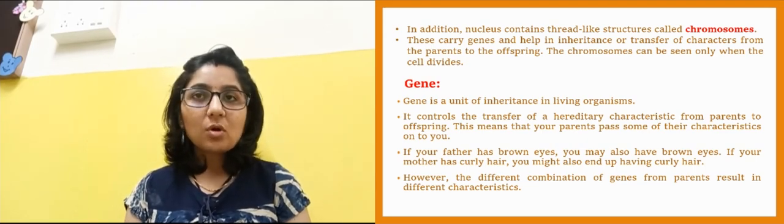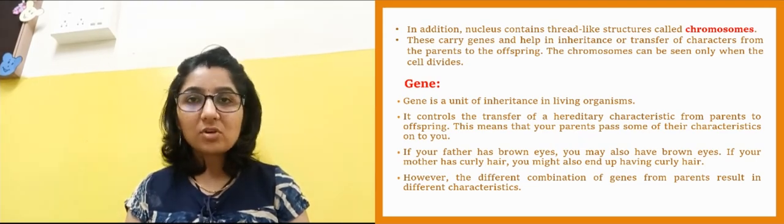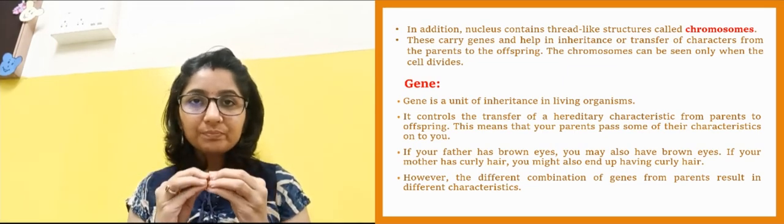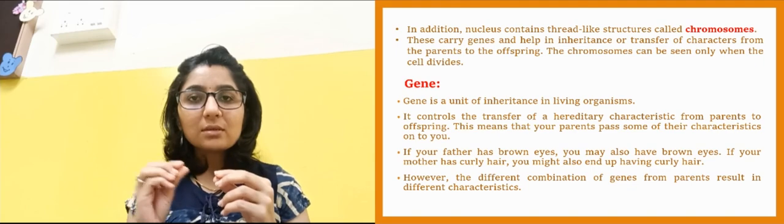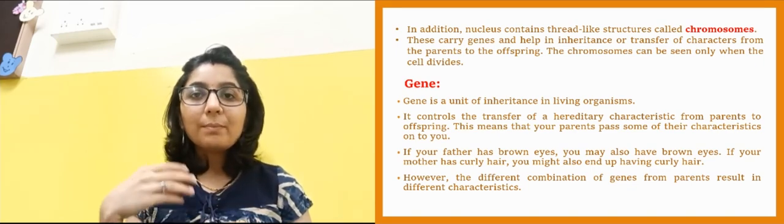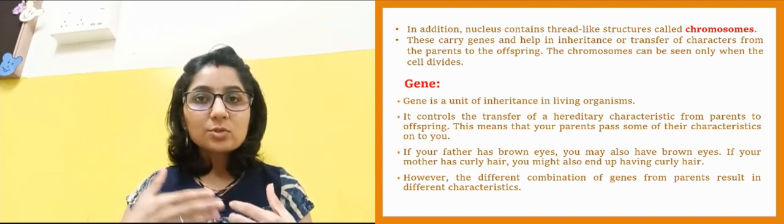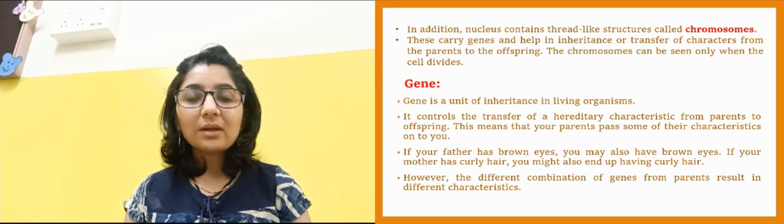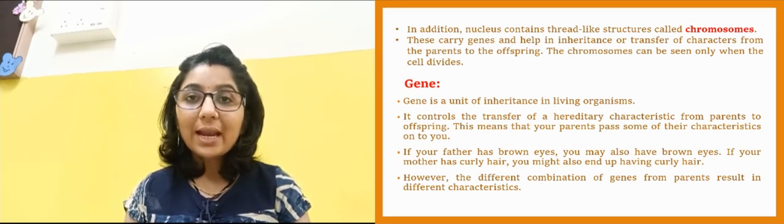So a gene is called the unit of inheritance in living organisms. Now what is inheritance? It possesses a coding, a code, and the code will be transferred from parents to the offspring. According to what code is transferred to the offspring, will be the characteristics of that organism.